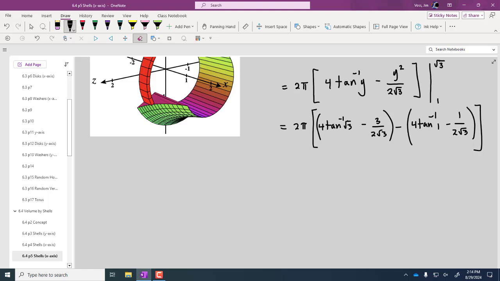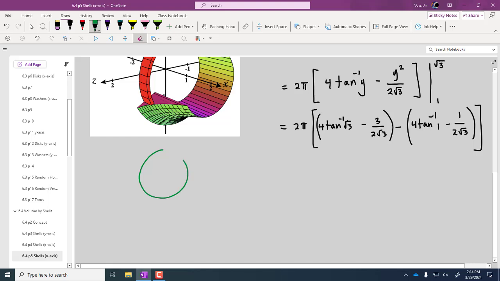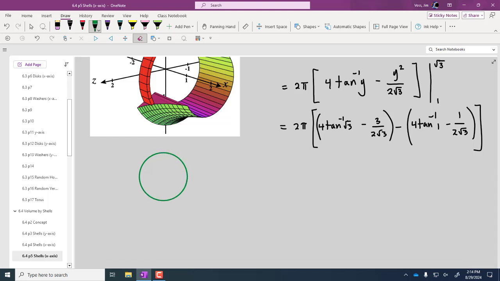All right, so there's our substitution of the upper and lower limits of integration. Now we have to evaluate these arctan functions. What I hope you remember, the way you should be thinking about inverse trig functions and their values, is that they are restricted angles. They are functions, so there's never an infinite number of solutions. The arctan function is restricted to either the right or the top half of the unit circle.